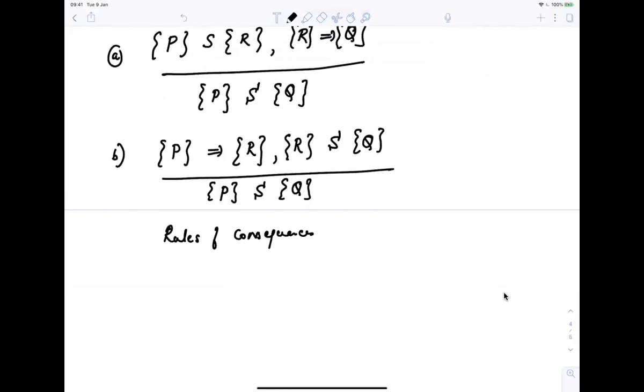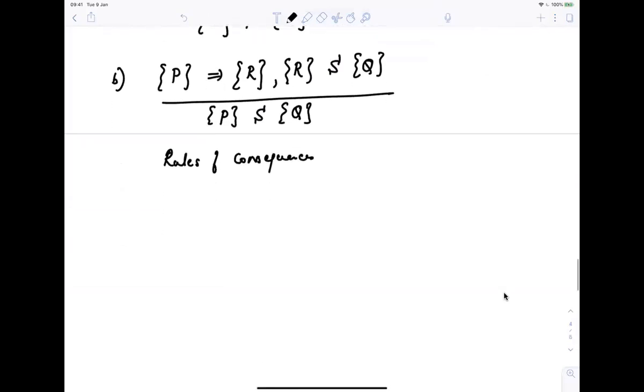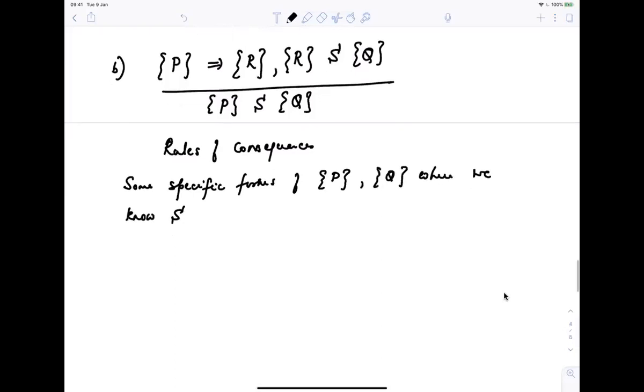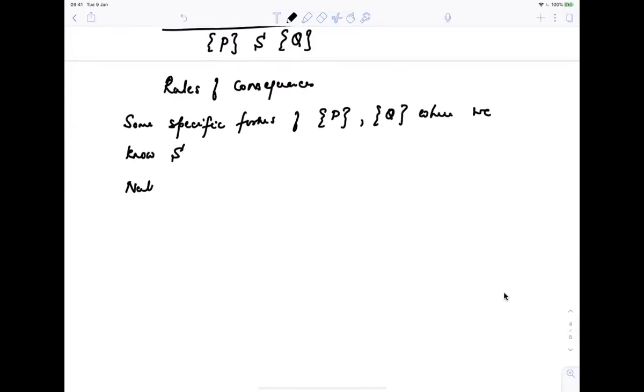Now let us look at some specific forms of P and Q, where we know S. Okay, a null statement, which is a simple semicolon in C, or in pseudocode, I'm just going to write it as P skip P. Then that means what?